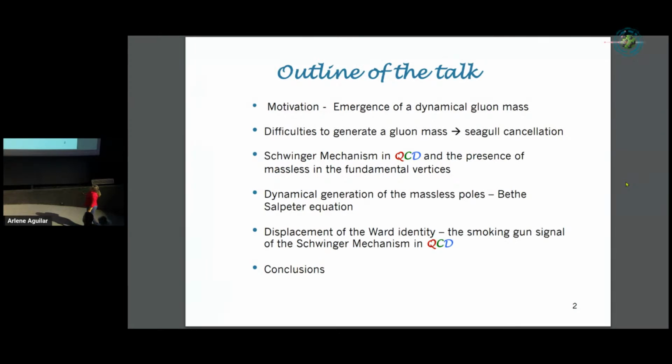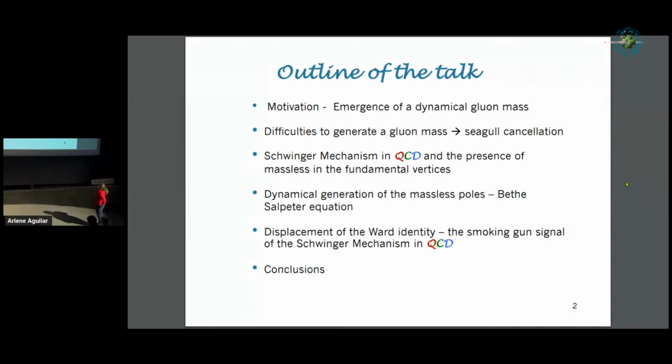So the outline is the following. First, I'm going to give a brief motivation about the need of a dynamical mass for the gluon, and the difficulties to generate such a mass, especially a cancellation that we call the Seagull cancellation. Then I'm going to explain what the Schwinger mechanism in QCD is and what is necessary to trigger it: the presence of a massless pole in the three-gluon vertex.